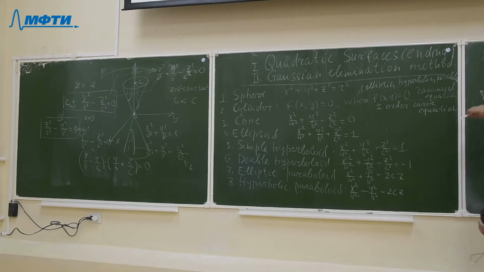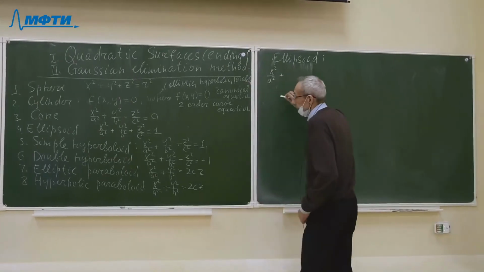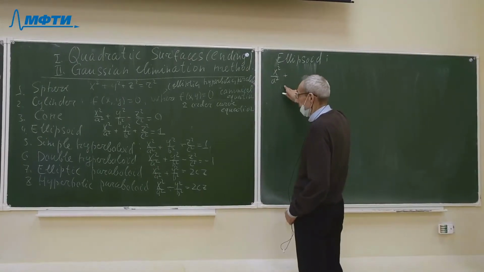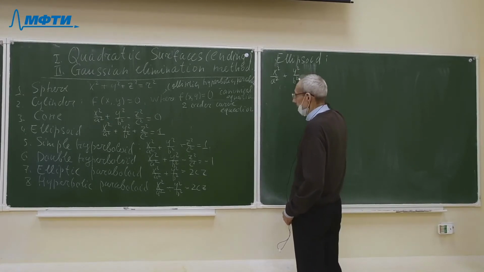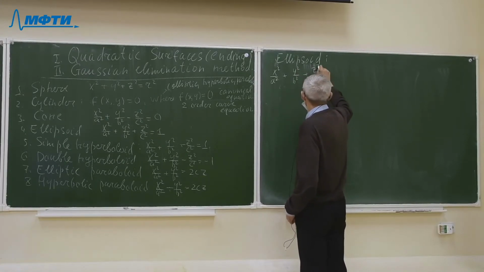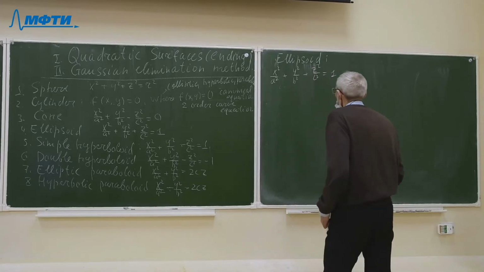So we have the following defining equation: x squared divided by a squared plus y squared divided by b squared plus z squared divided by c squared is equal to 1.